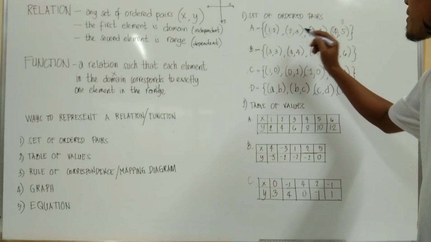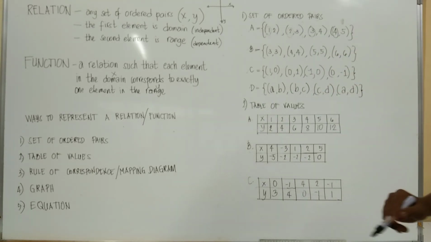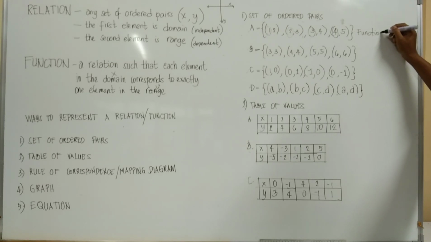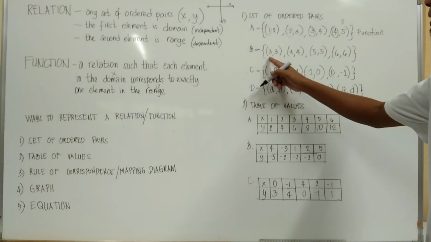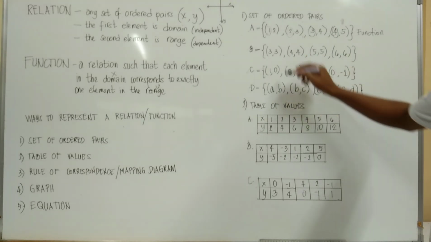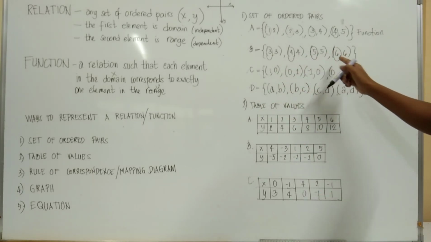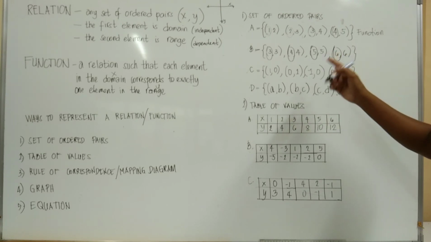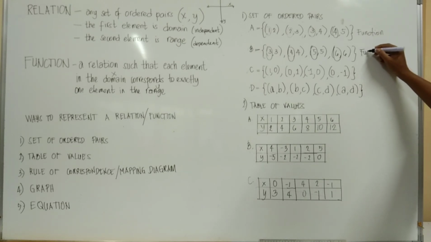So we can say that each domain element corresponds to exactly one element in the range, so ordered pair set A is a function. Let's proceed to set B: 3, 3, 4, 4, 5, 5, and 6, 6. The domains are 3, 4, 5, and 6. If you look at it, the domains do not repeat, so set B is also a function.